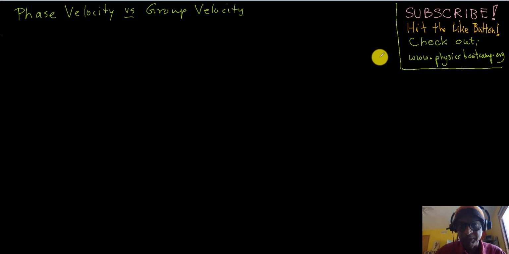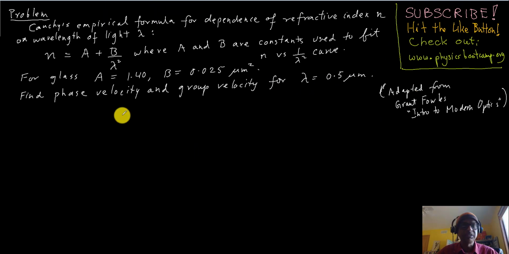And so we'll do a problem, for instance. This kind of problem that you will find in textbooks and sometimes in contests and exams: the refractive index depends on the wavelength, with A and B constants.